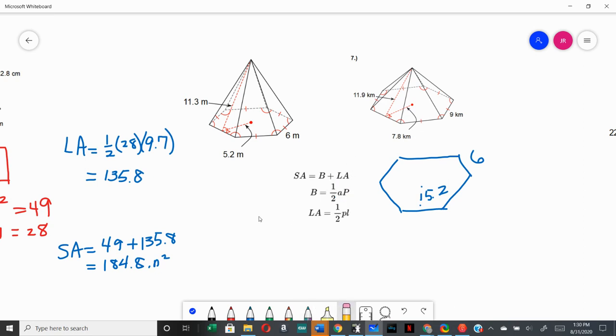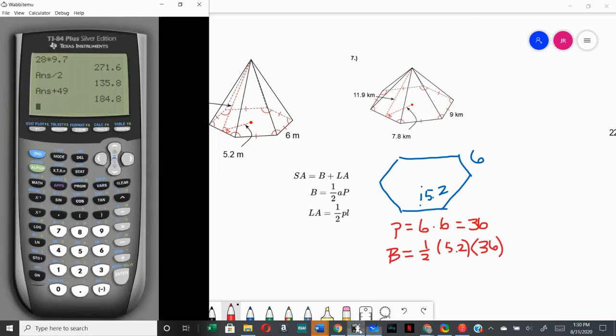All right, so let's find the perimeter. It's a hexagon, so it has 6 sides. Each side is 6, so in this case it's 36. My area then is going to be 1/2 the apothem, which is 5.2, times the perimeter, which is 36.